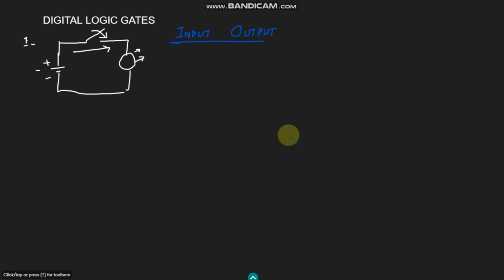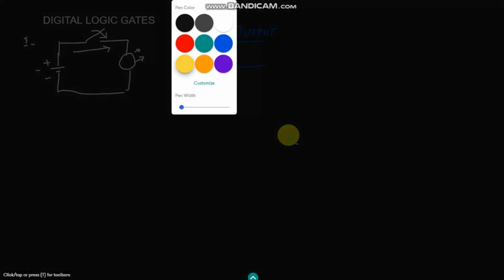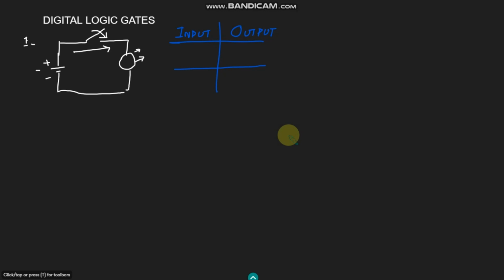So when the input is on, the input being through this switch, the output, which is a light bulb, is also on. That is the output, this is the input. Similarly, if the input is off, the output is also off.